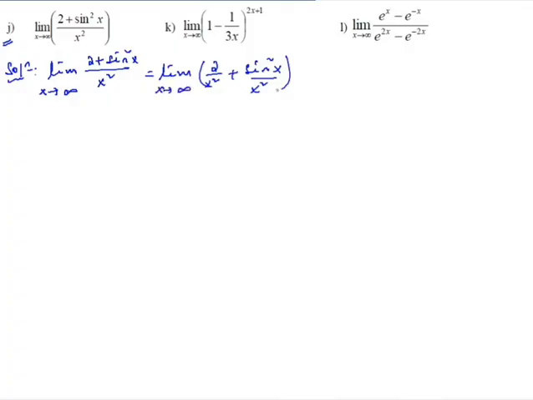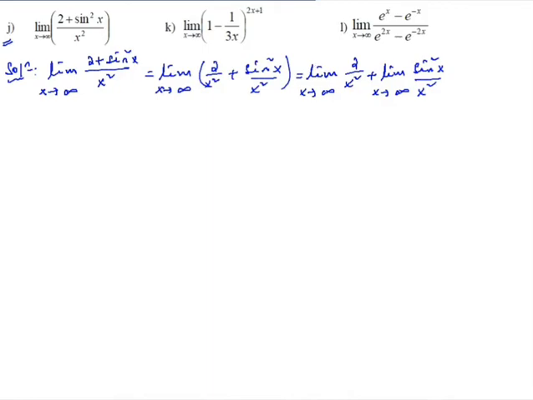So we can calculate the limits separately. This is the same as the limit of 2 over x square as x approaches infinity plus the limit of sine square x over x square as x approaches infinity.